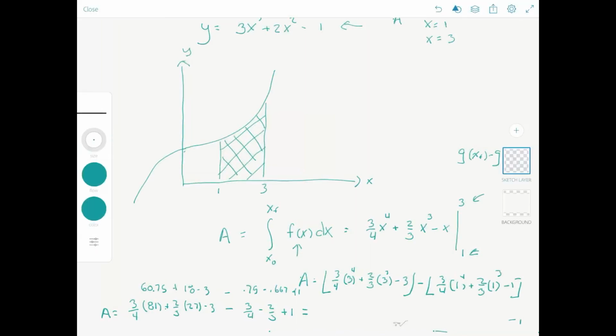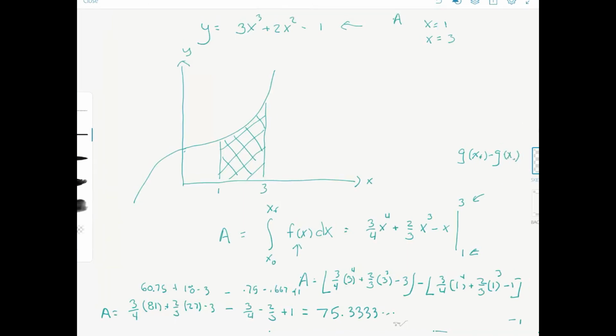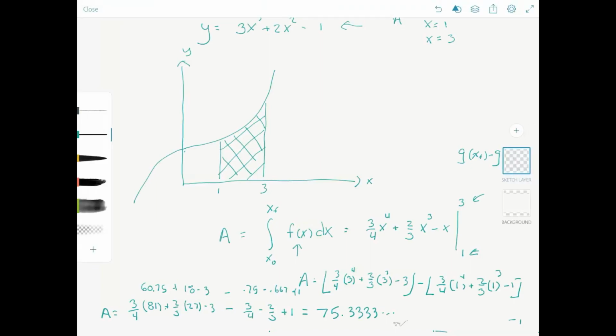And the area is 75.333. And that's the answer. That's the area under the curve for this particular curve. And we can do that for any function.